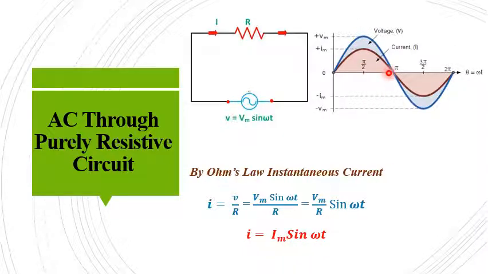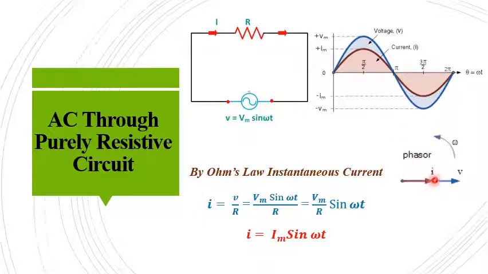While drawing the phasor diagram, if this is the voltage phasor, the current phasor can also be drawn in the same line because the phase angle between them is 0. Both of them are in phase.